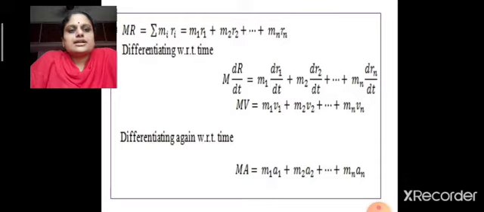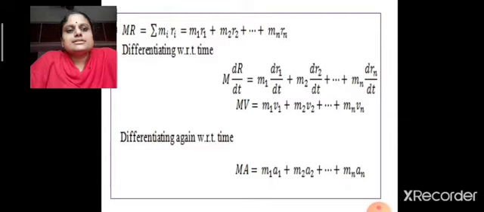Differentiating the LHS and RHS with respect to time, we get M into dr by dt is equivalent to m1 dr1 by dt plus m2 dr2 by dt plus etc. plus mn drn by dt.